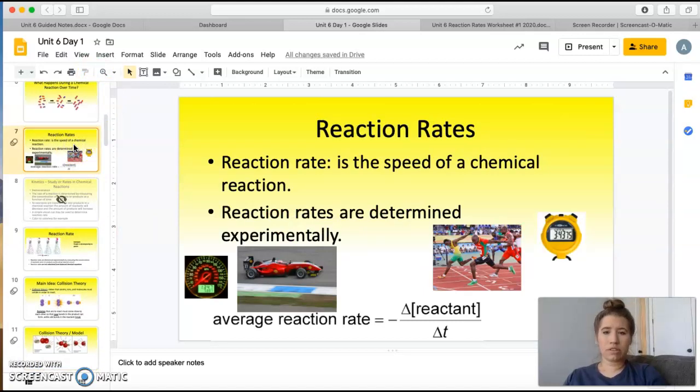Okay, so here's how we look at reaction rates. It's a change in, see this delta symbol? This delta means change in reactants to products over the change in time in which that happens. And that's going to be the average of the whole reaction rate. So the change in the product over the amount of time that it took.